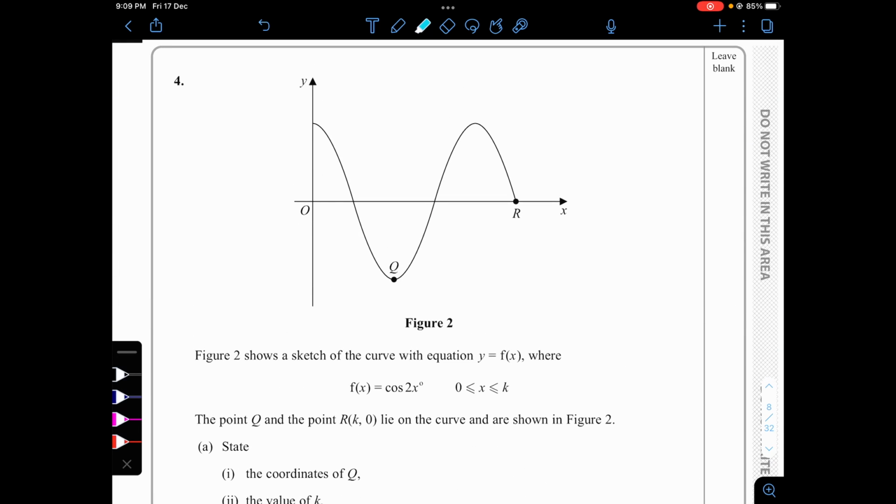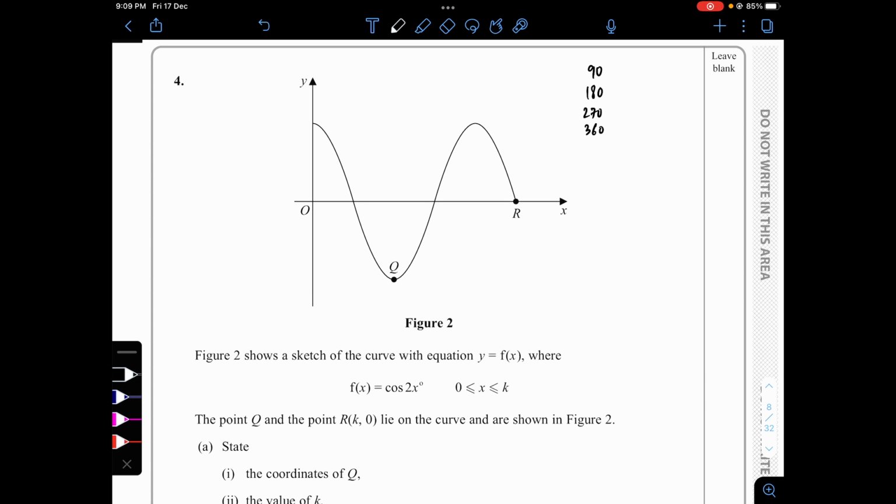Figure 2 shows a sketch of the curve with equation f of x equals cos 2x, and goes from 0 all the way to k. Now you can see this is in degrees, so this is cos 2x, right? Usually the intervals are at 90, 180, 270, and 360.